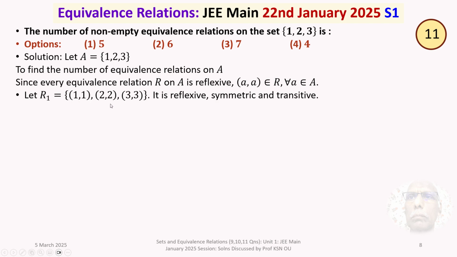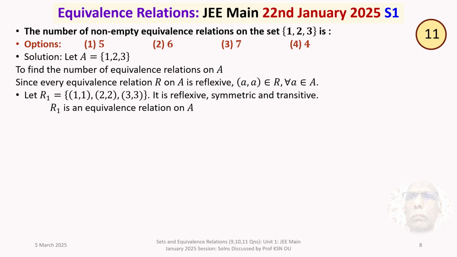So are there such (a, b) and (b, c) in R1? No. When there are no such elements, there is no question of transitivity coming into the picture. Therefore transitivity does not fail, so it is satisfied. R1 is reflexive, symmetric and transitive. Thus R1 is an equivalence relation, and we got the first equivalence relation.